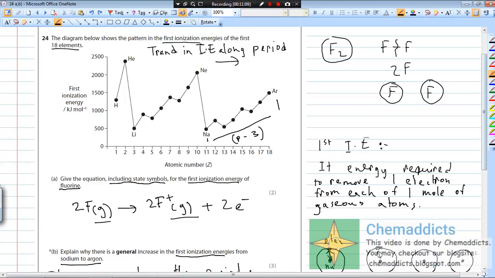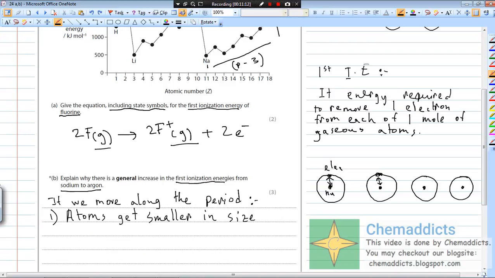So this results in an increase in attraction between the valence electrons and the nucleus, since shielding is the same.